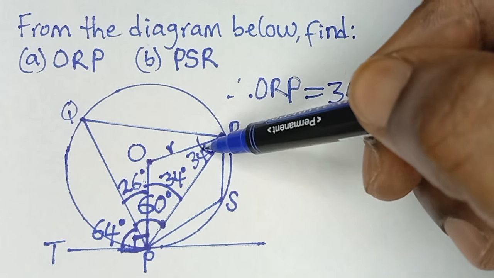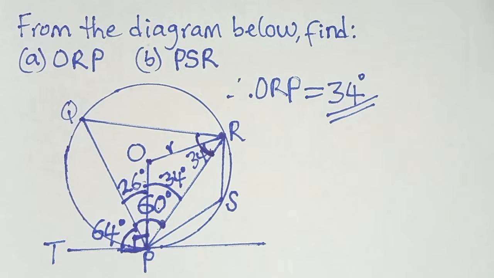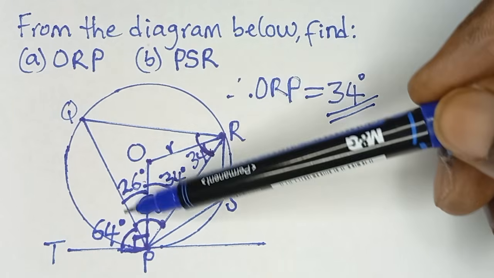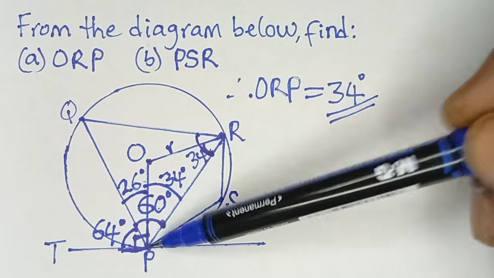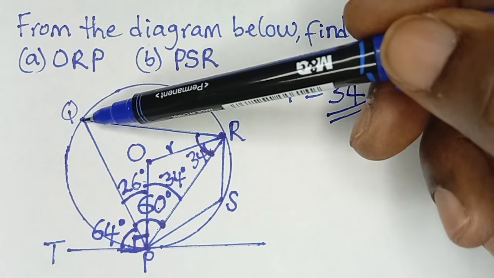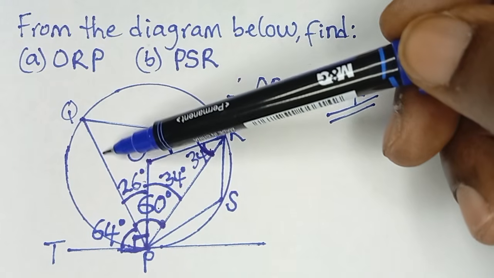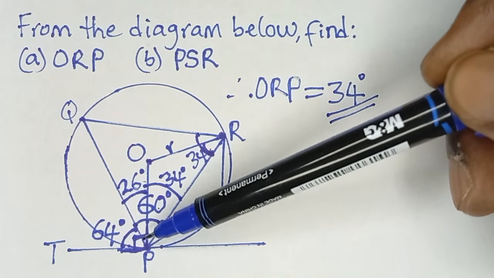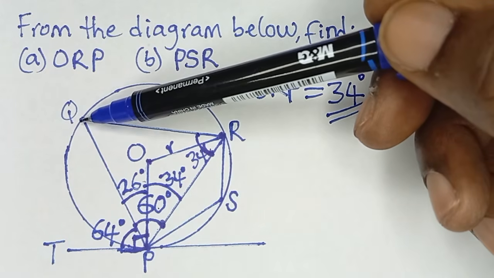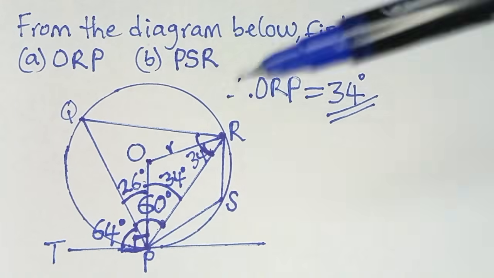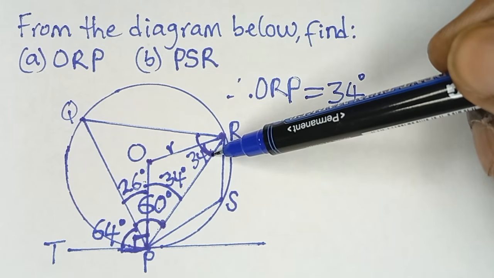So this is it, this whole angle. Don't forget, this chord here, its angle in this triangle QRP is exactly the angle that is opposite the line. Any angle that is opposite a line is the angle subtended by that line. So this line QP, which is the chord, subtends this angle inside the triangle.